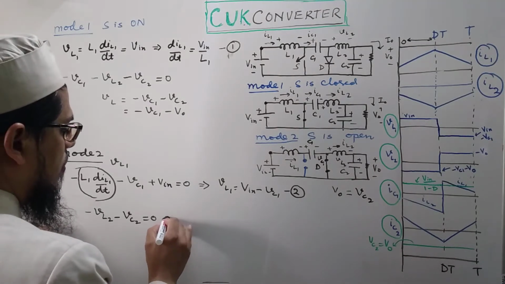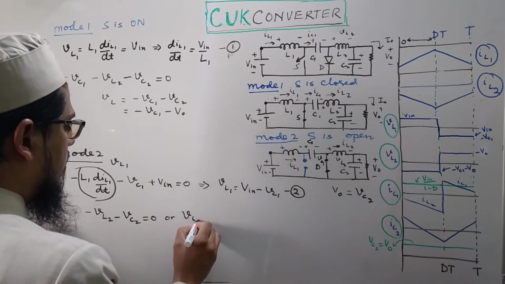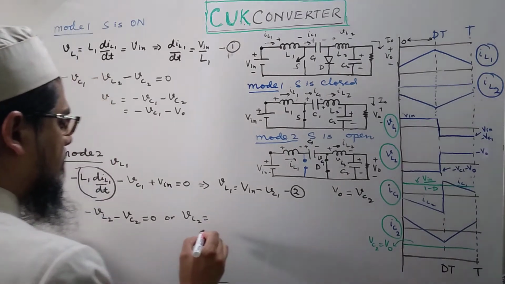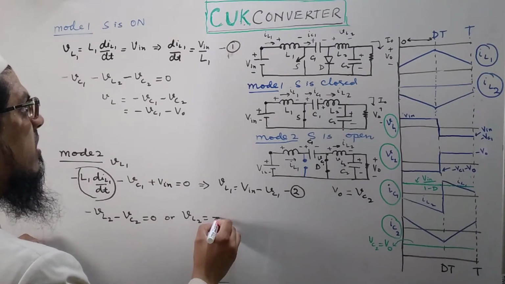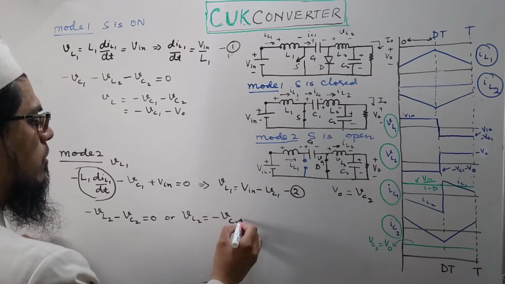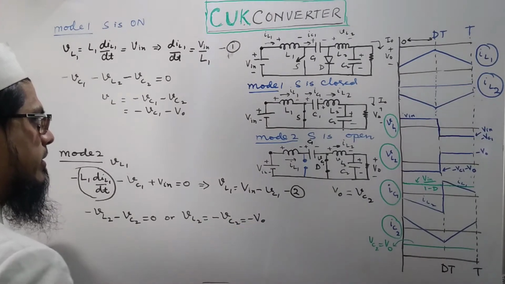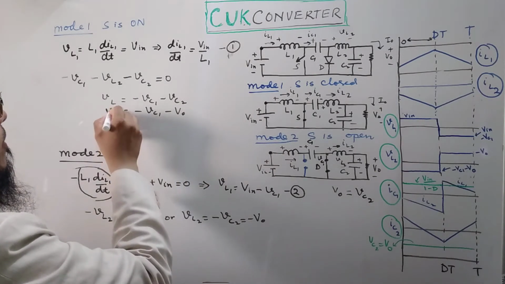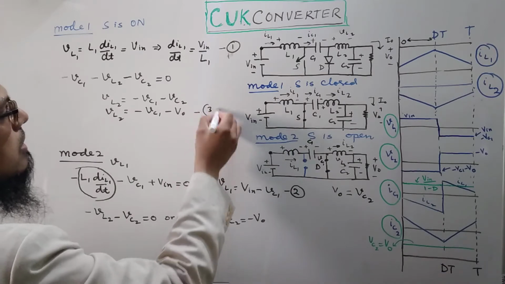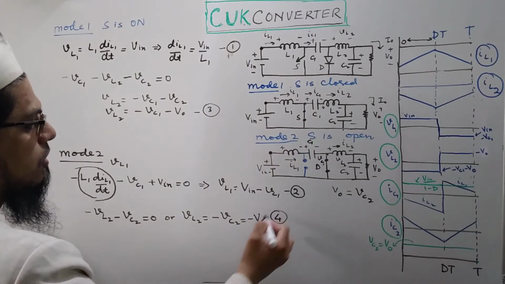Or VL2 is equal to minus of VC2, equal to minus of V0. This is 2, VL2. Let me call this as 3 and this as 4.